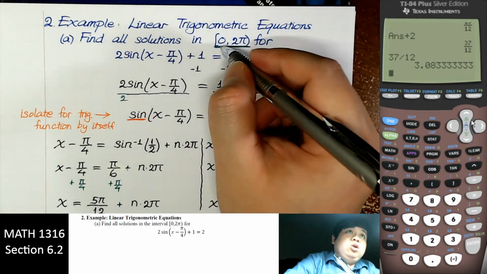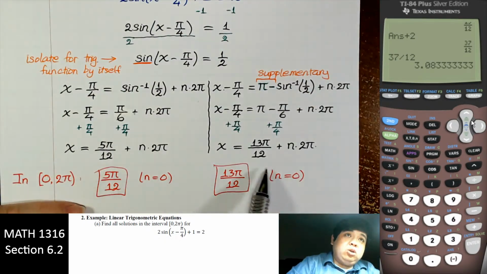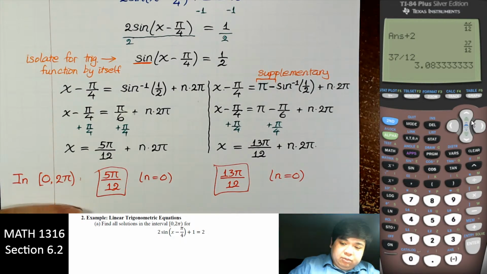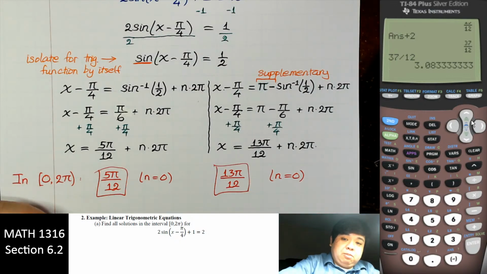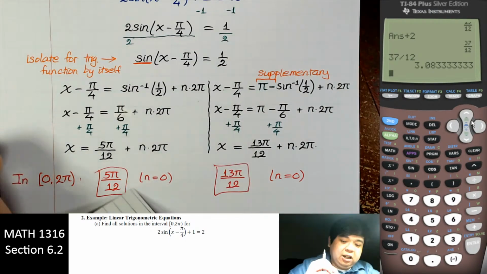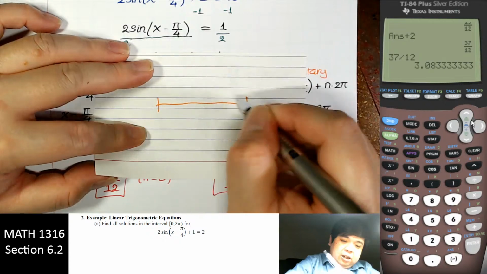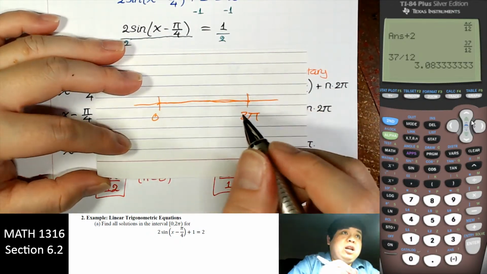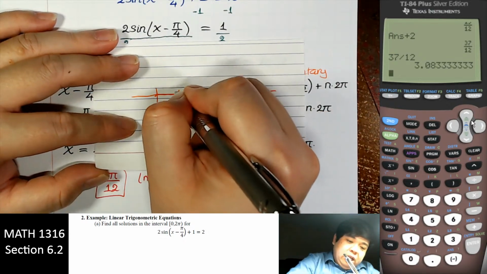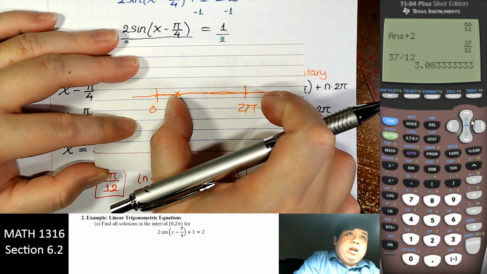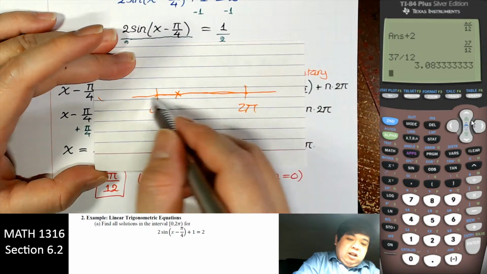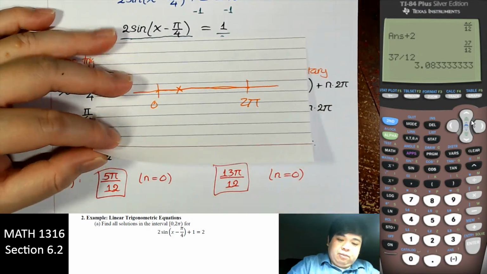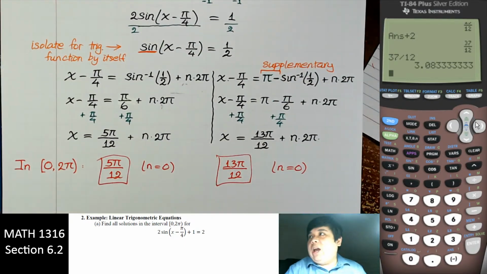And this time, for solutions from 0 to 2 pi, we have one solution on each side. Why do we only have one value for each side? Because the period of sine is 2 pi. If we have a solution here, adding 2 pi to it will be outside of this interval. We'll get back to this when we have multiple angles later.